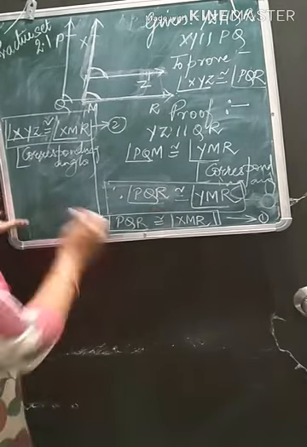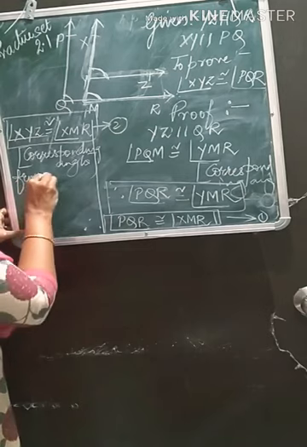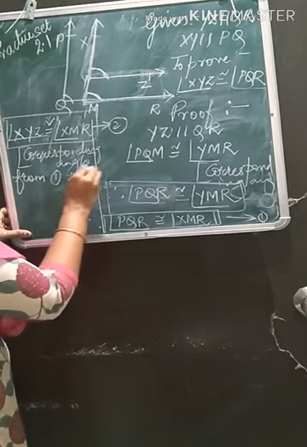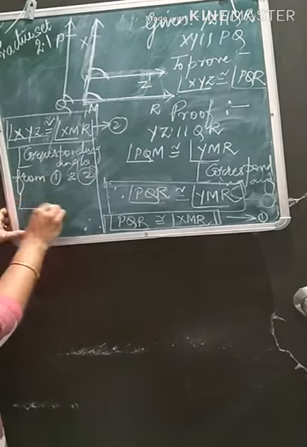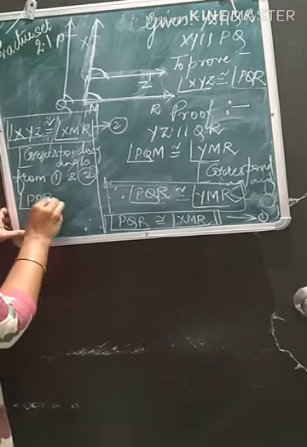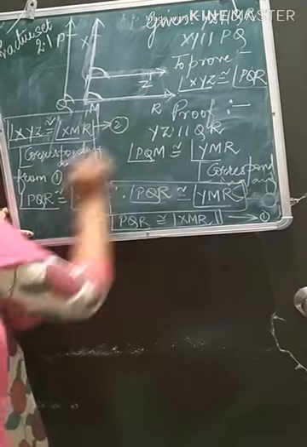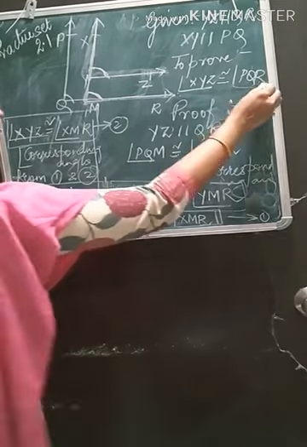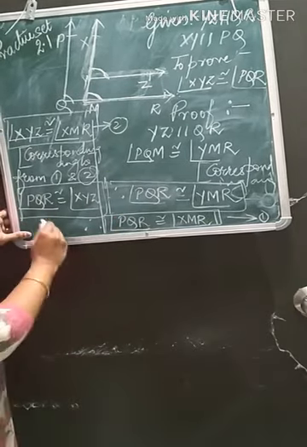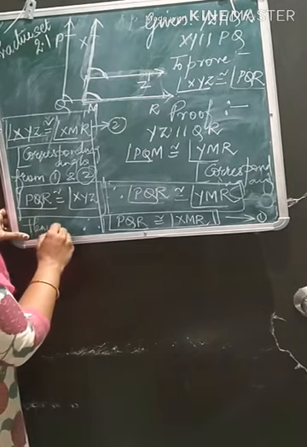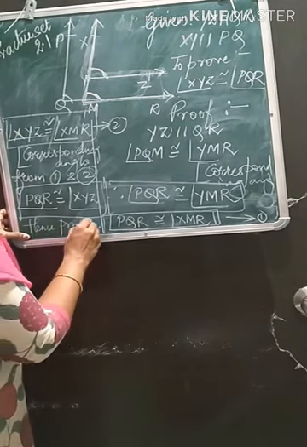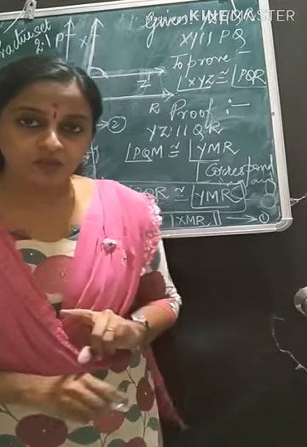So from 1 and 2 you will write that angle PQR is congruent to angle XYZ. This is what we want. Hence, proved. Understood the sum?